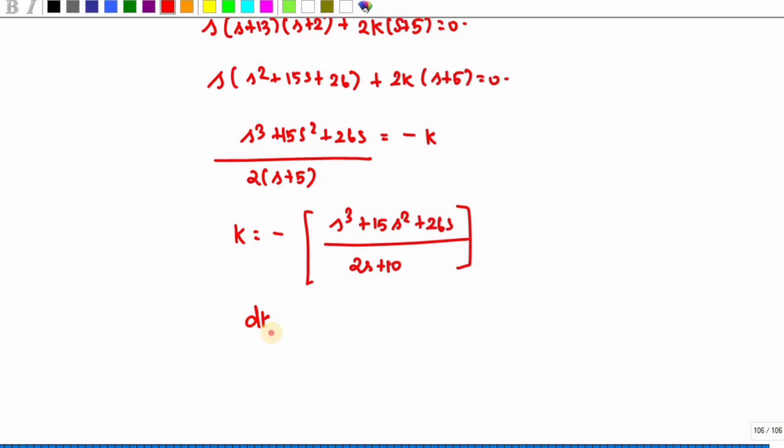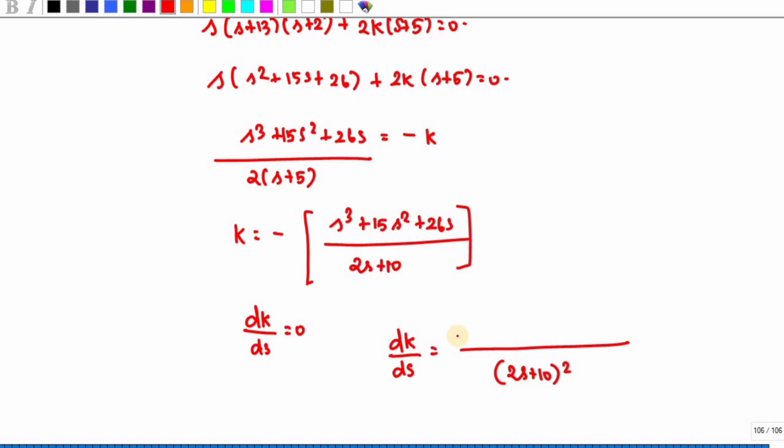Now I differentiate K with respect to s and equate it to 0. It is in the form of the u/v formula, so v I have to take as a whole square. V is 2s plus 10.